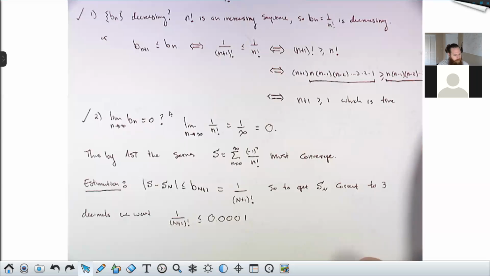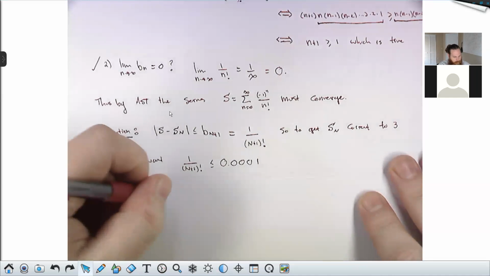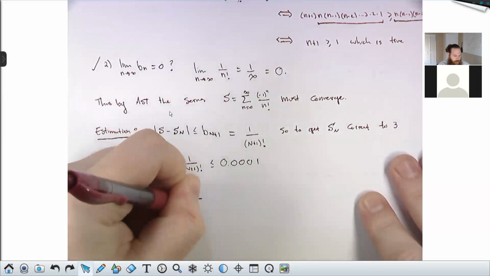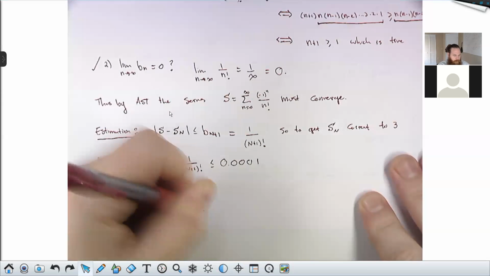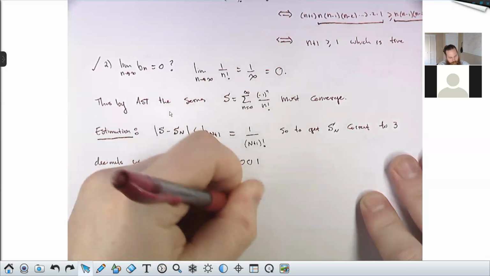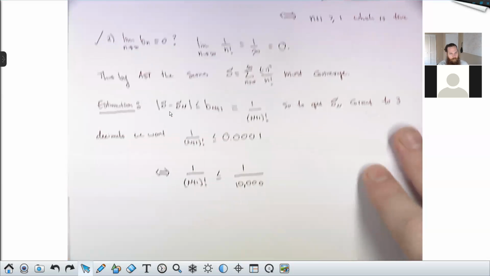Now again, 0.0001 is 1 over 10,000. So this is the same as saying 1 over N plus 1 factorial is less than or equal to 1 over 10,000. And again, we can take reciprocals.